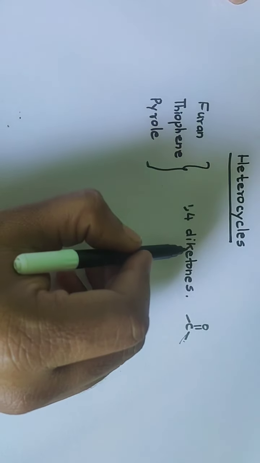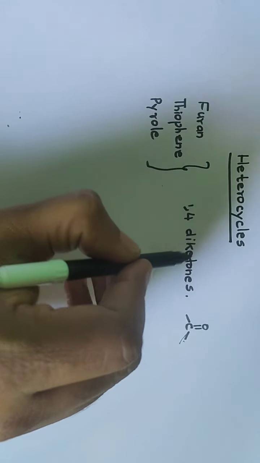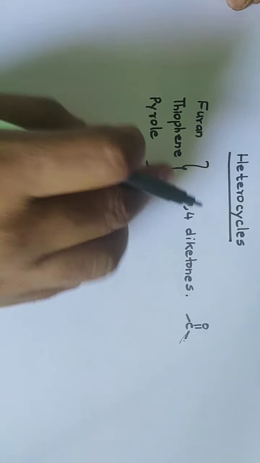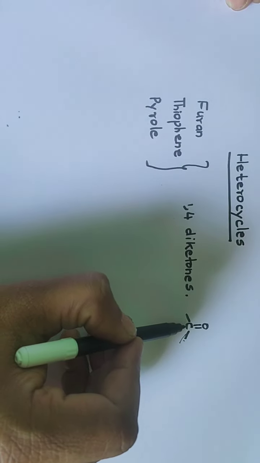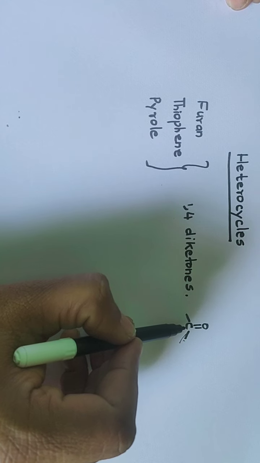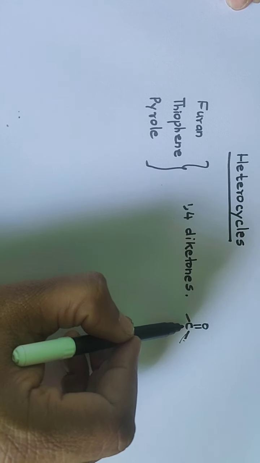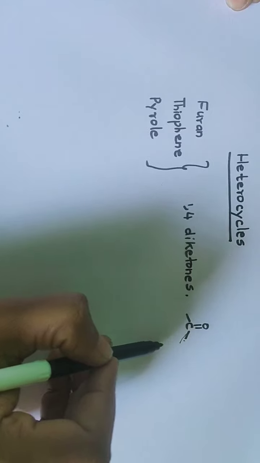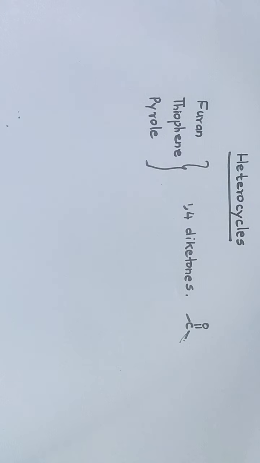Now, diketones means there will be two ketonic groups. 1,4 means that if there is a ketone at this position, considering this as the first carbon, then on the fourth carbon there will be another ketonic group.